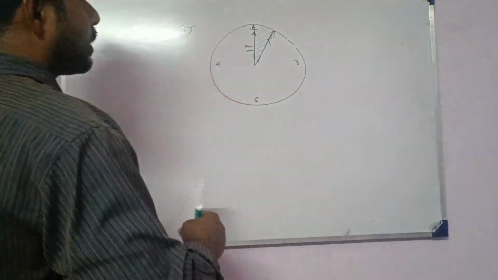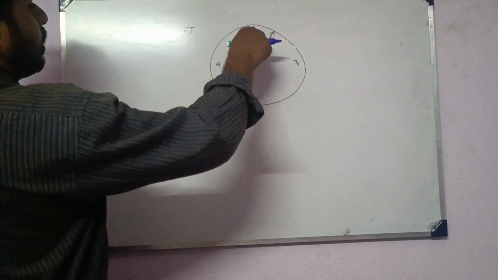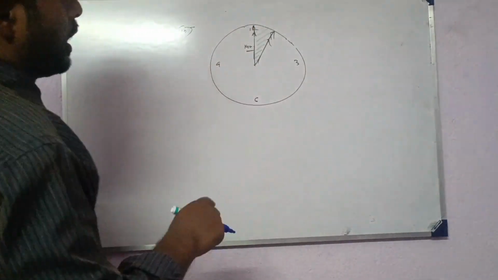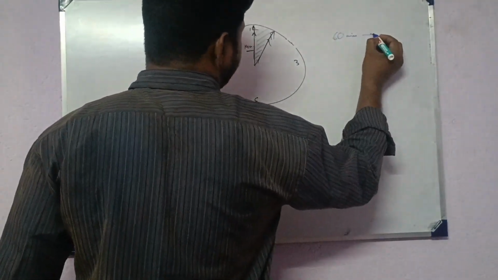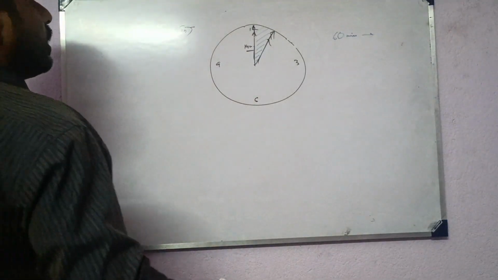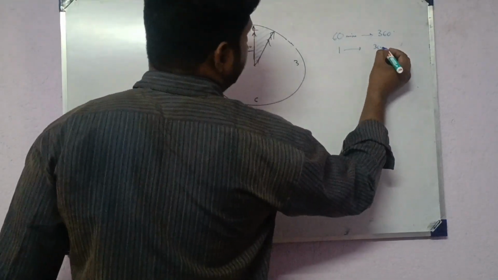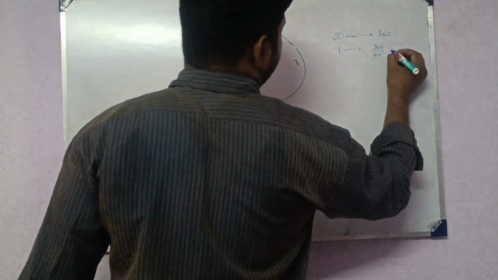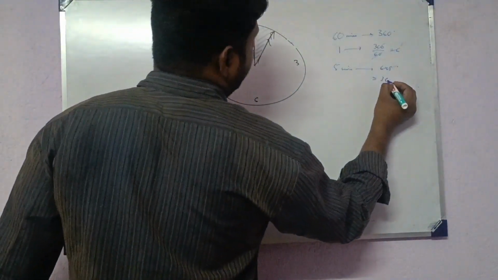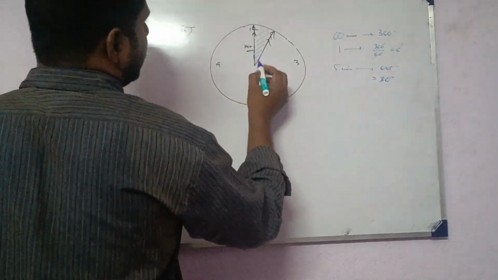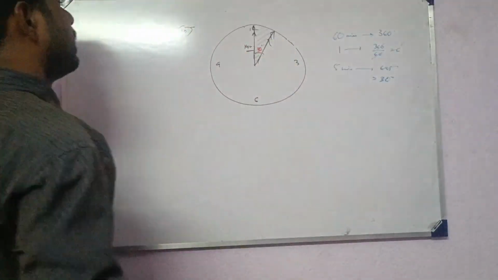Here we see that 5, 5, 5 and so on, we will get 60 minutes, and to cover those 60 minutes we have to rotate 360 degrees. So for 1 minute it is 360 by 60 which is 6, so for 5 minutes, 6 fives are 30 degree, so the angle here is 30 degree.